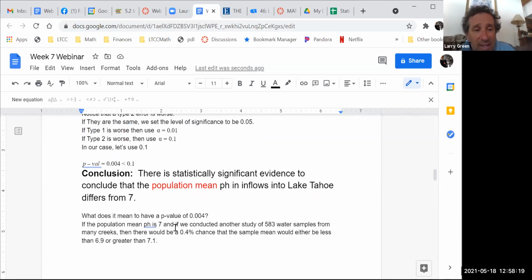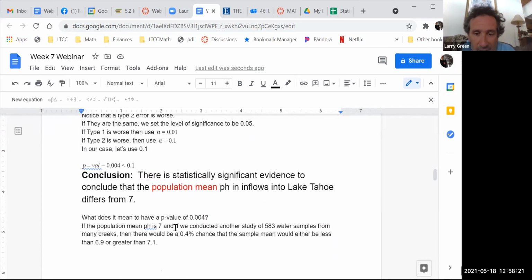Another way of saying the same thing is you would say that there would be a 0.4% chance that the sample mean would be at least 0.1 away from 7. That's exactly the same thing. Any questions on interpreting the p-value?